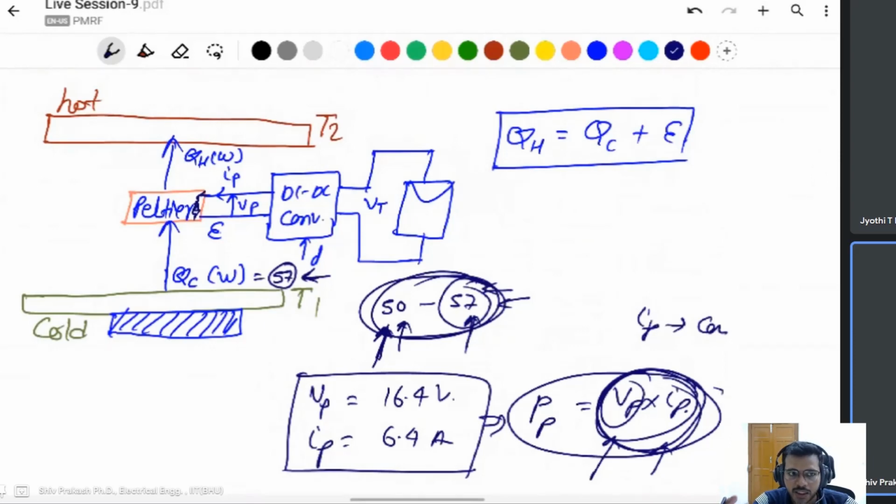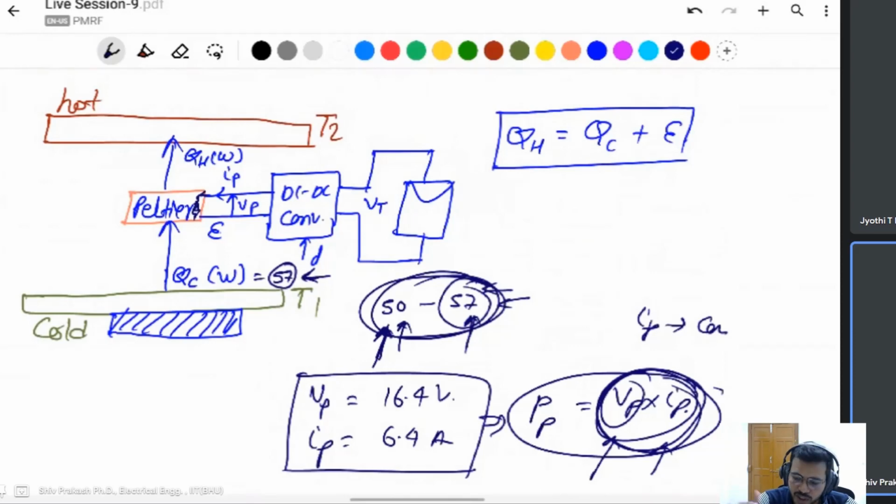In that condition, the extra amount of energy will be dissipated through the module resistance. That's why you should take a resistance such that if the power is transferred from 50 to 57, then the losses will be reduced. There are no losses there.